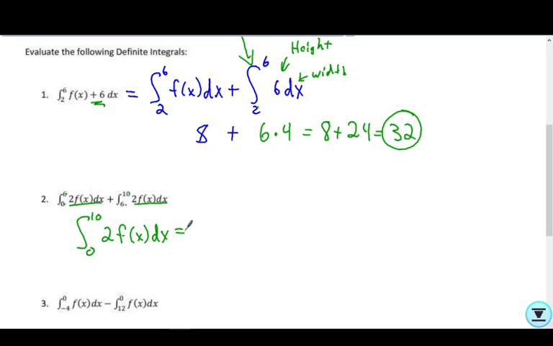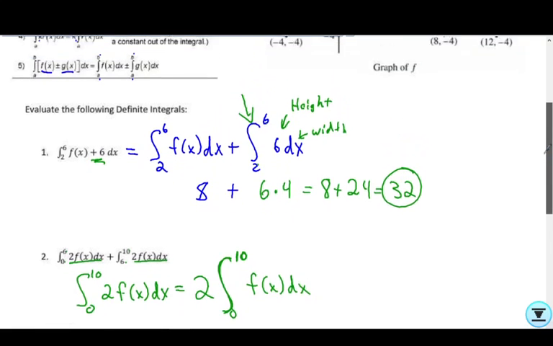Also, I can take this 2 to the outside of my integration, so I just have to deal with this. Because again, this 2 is a vertical stretch. If I vertically stretch it, I'm multiplying my y values by 2, and the area by 2. Or I can find the area first and then multiply that area by 2. It doesn't make a difference.